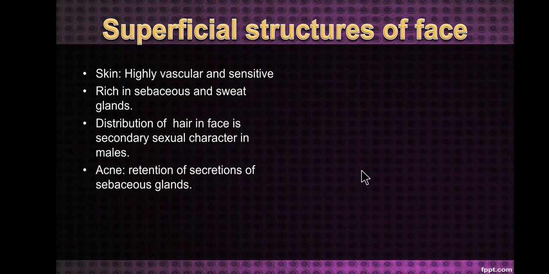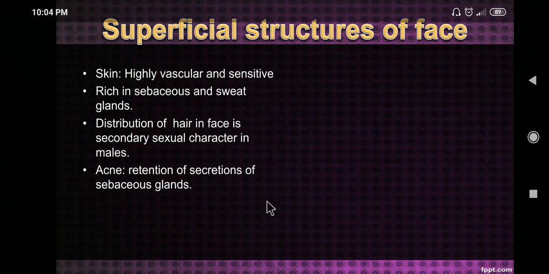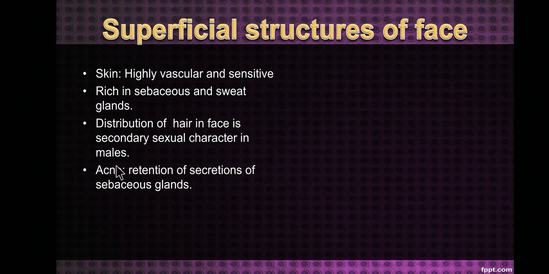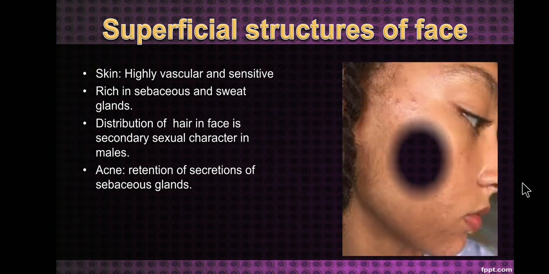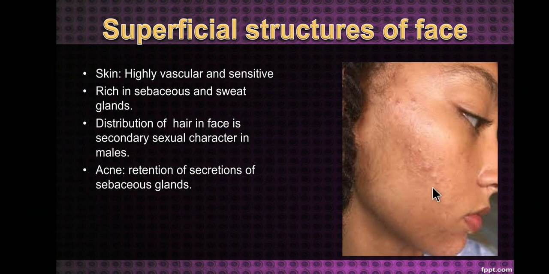As I told you, acne is the retention of secretions. When the sebaceous glands are not able to release their contents, it forms a small cystic swelling, which is called acne. It is mostly seen as the individual attains the pubertal age.